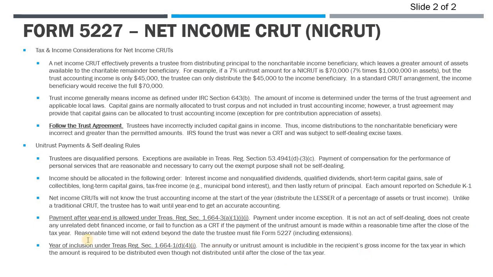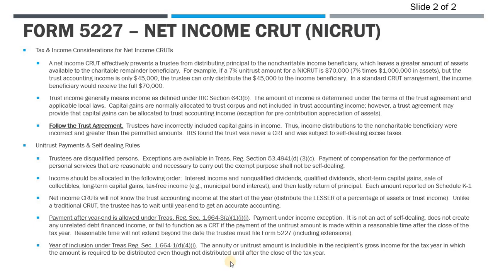And reasonable time means it's not going to be beyond the date the trustee has to file the return. So what happens in practice is you do the return, figure out what the Unitrust amount is, and then the trustee pays it, and then you go ahead and file. That's really how it works. As long as the payment is made before you file the return, you should be good to go.